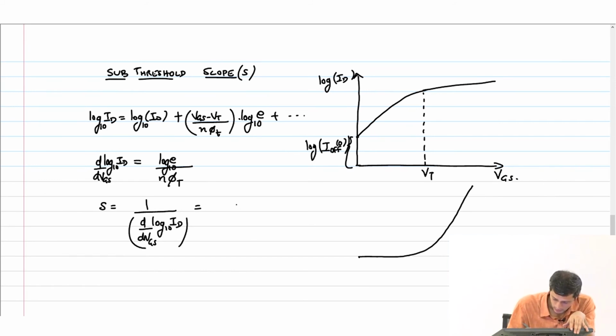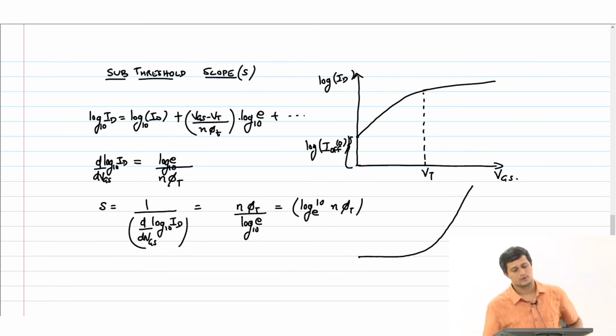So this is n phi t divided by log to base 10 of e, or I can just write this as log 10 to base e into n phi t. Okay, what is n? n is the non-ideality factor.